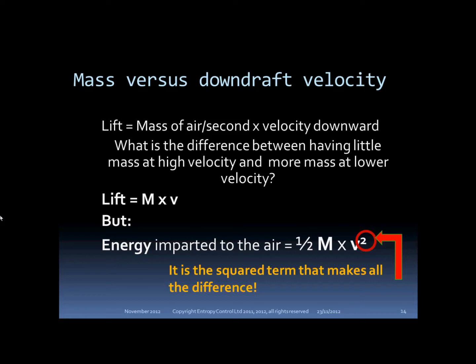So when you've got your lift and there's a block of air moving down behind you, the energy that is still trapped in that air and the energy that you provided is dependent on v squared. So it's much more efficient to provide lots of mass and little velocity than the other way around.